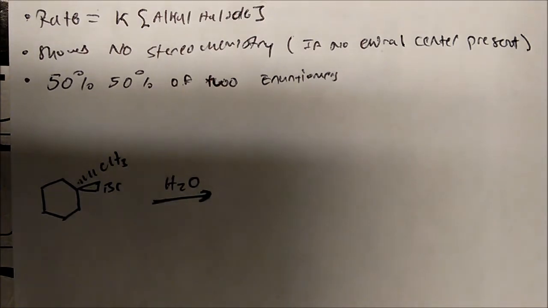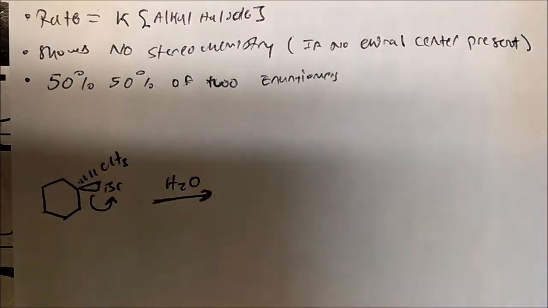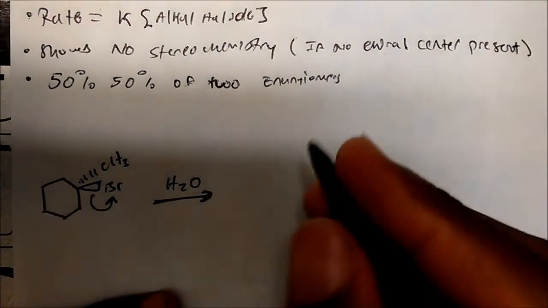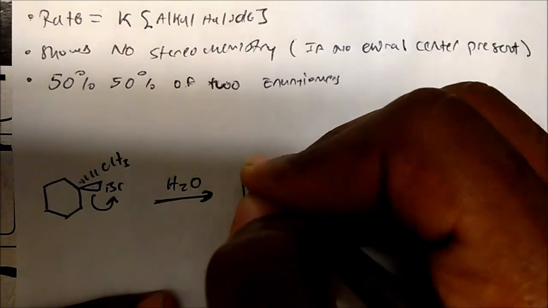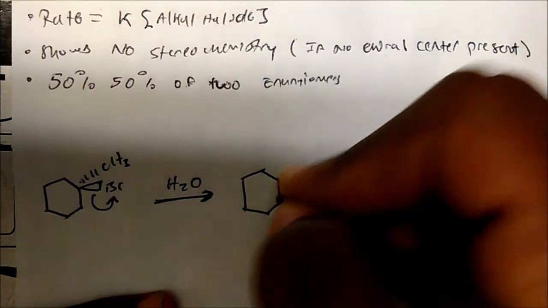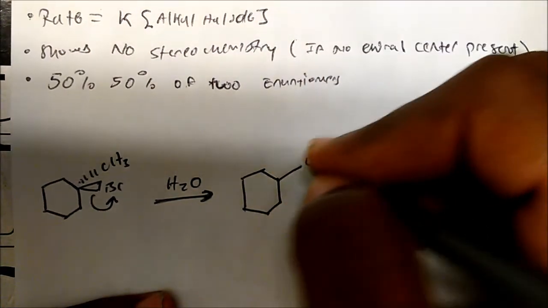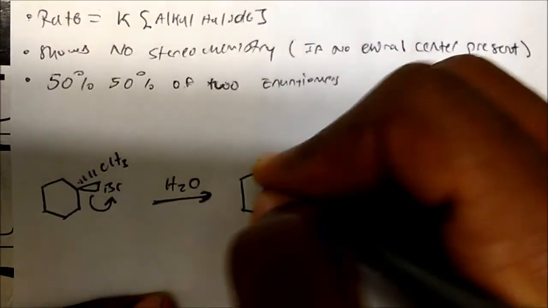And here's the mechanism. The bromine pops off first because it's not accessible, and we get something that looks like this. We have a plus charge here.